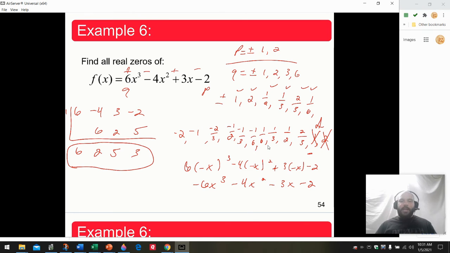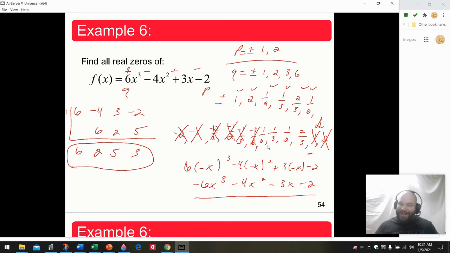So by substituting negative x in, you can see that my result is all negative numbers. What that tells me is there are no sign changes. So by Descartes' rule of signs, I can rule out every single negative number, because there are no sign changes when I substitute in negative x.